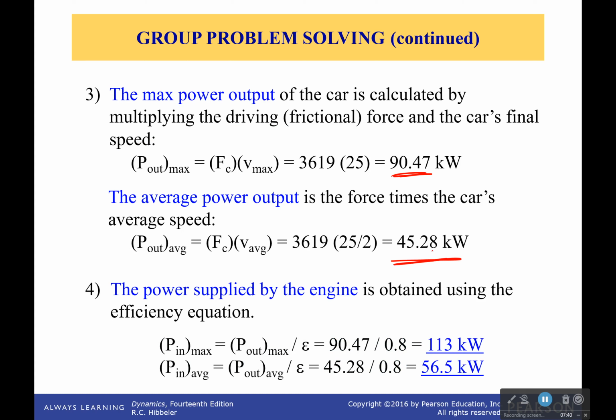So we would have a max power output from my engine of 113 kilowatts and a max power output on average of 56.5 kilowatts. And as a note, because the engine is in itself inefficient, we'd have to get more power from the fuel that we're burning. So it's just stair-stepping of efficiency. We keep on losing energy as we go. So the fewer steps, the more efficient your system, because you're not having any sort of multiplicative losses.